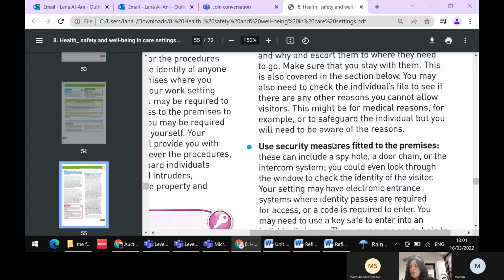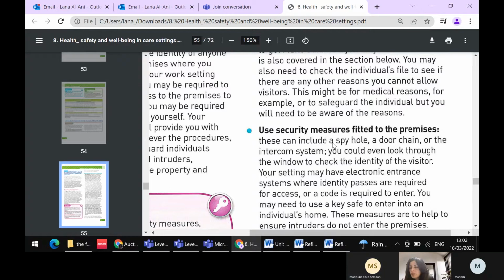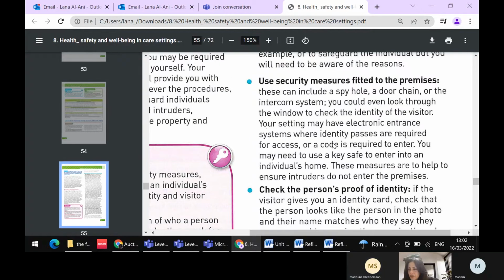So I need to use all the security systems in the building. Make sure the client looks through the window too. They might not remember names, but if they look through the window, they might recognise them. You need to make sure this person has been identified.